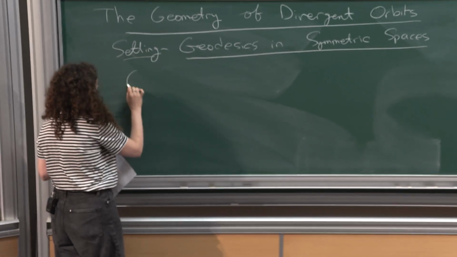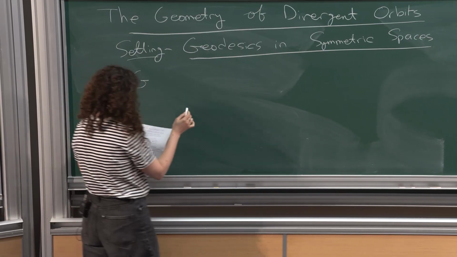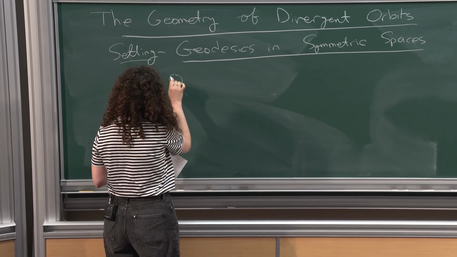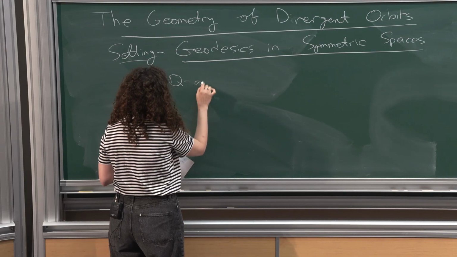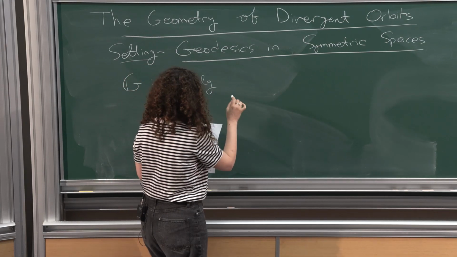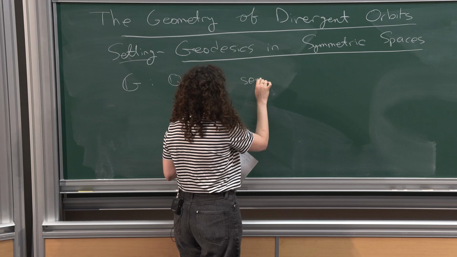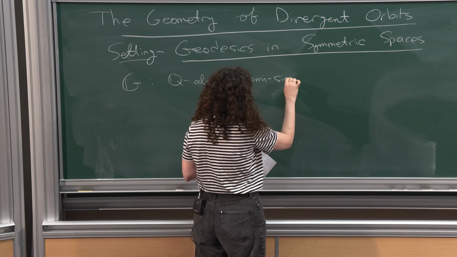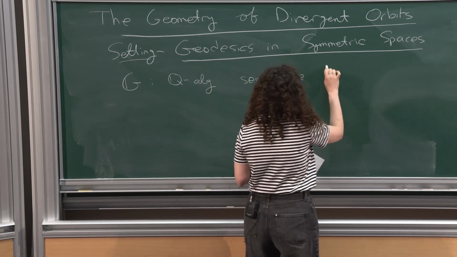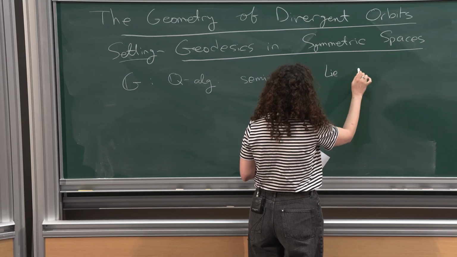So we have G, which is some Q-algebraic semisimple Lie group.